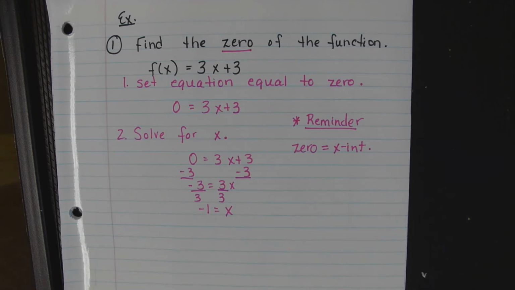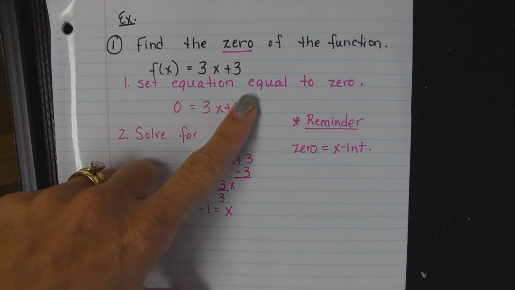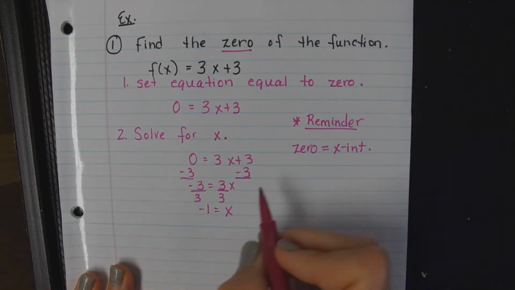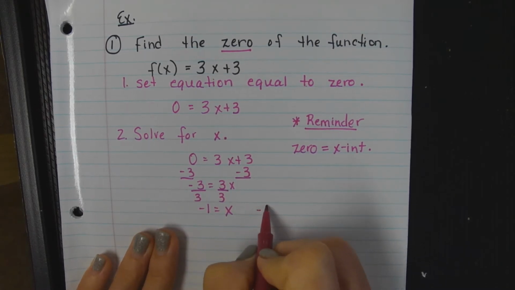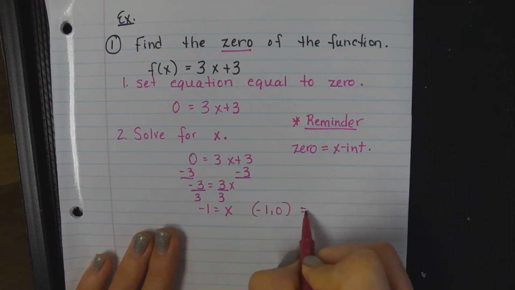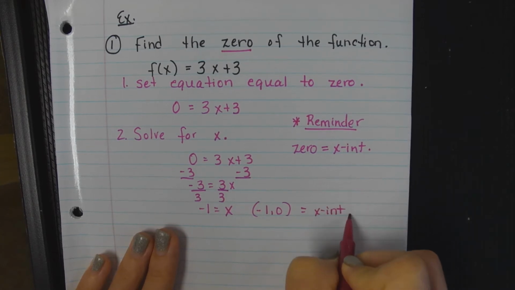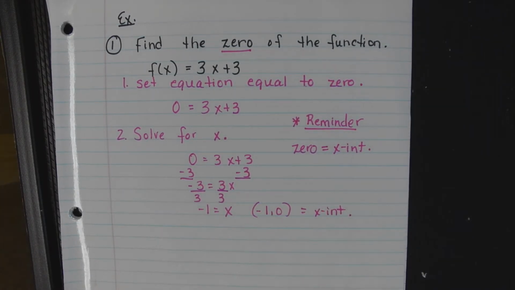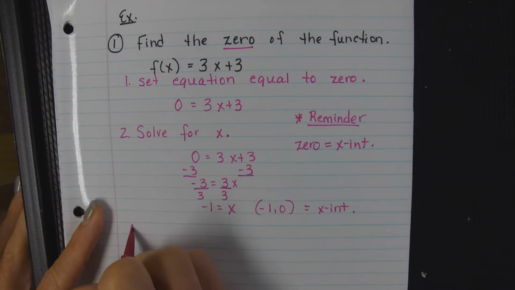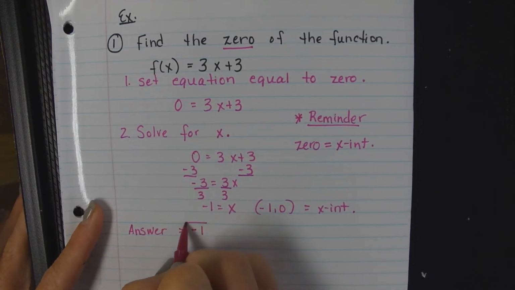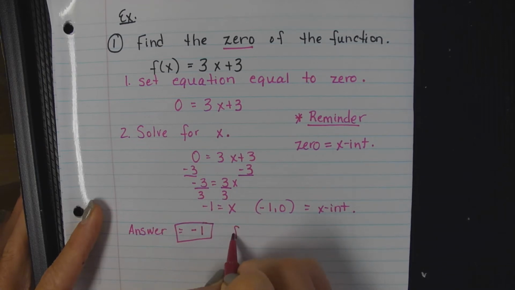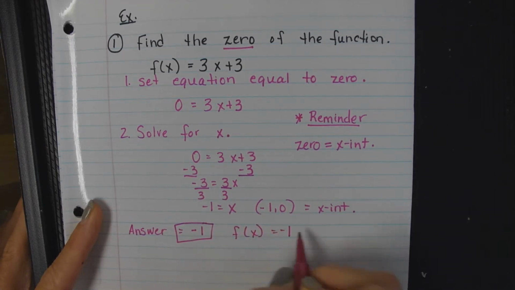Y. All right, that's why step 1 is set the equation equal to 0. So our x-intercept is -1, 0. So what is the 0 of the function? -1. And actually, the correct answer is -1.